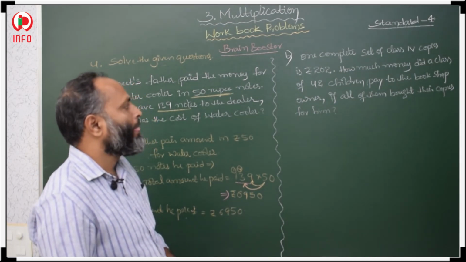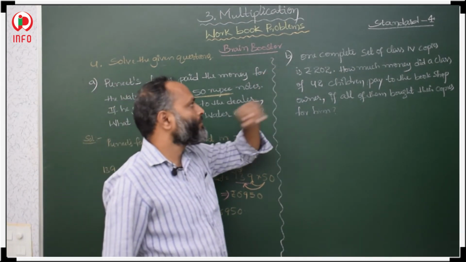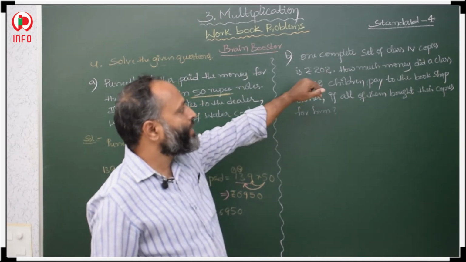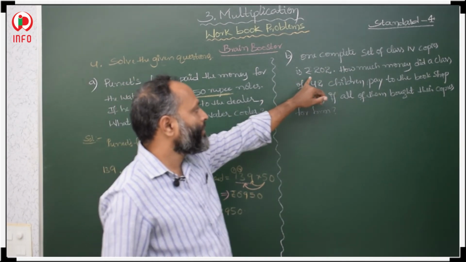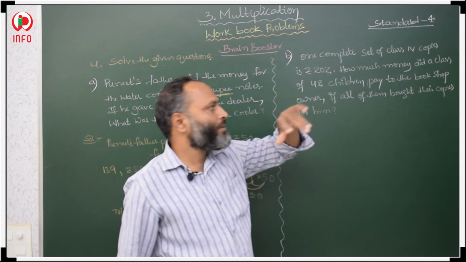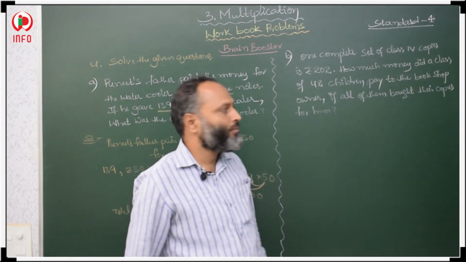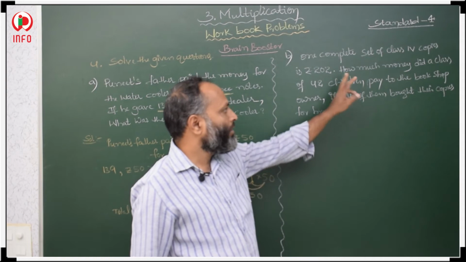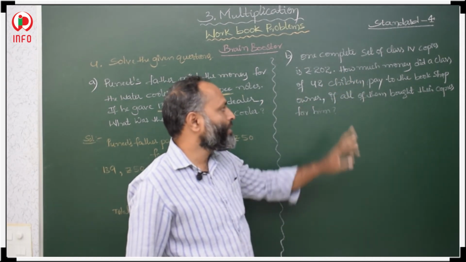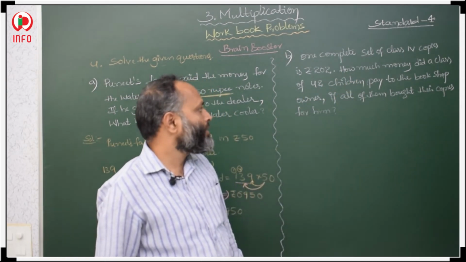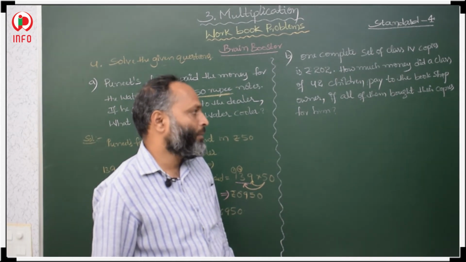Next, the second question. One complete set of class 4 copies cost 202 rupees. How much money did a class of 42 children pay to the book shop owner if all of them bought?